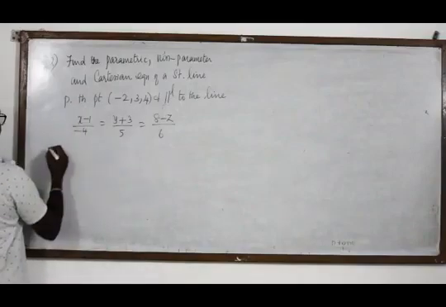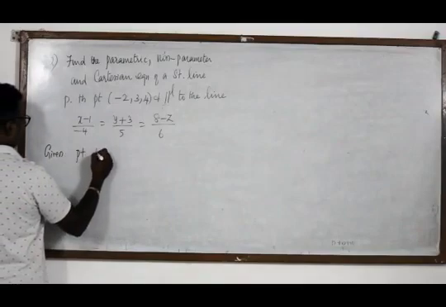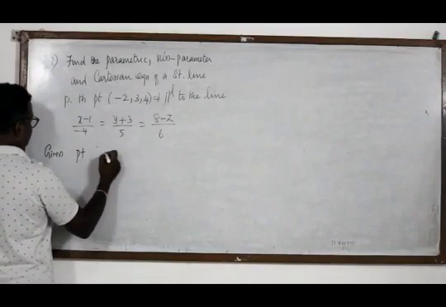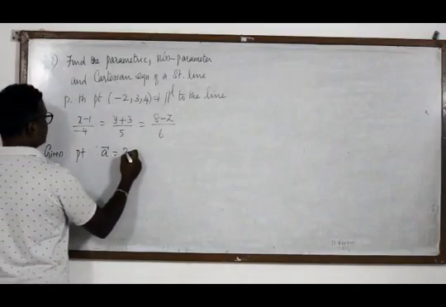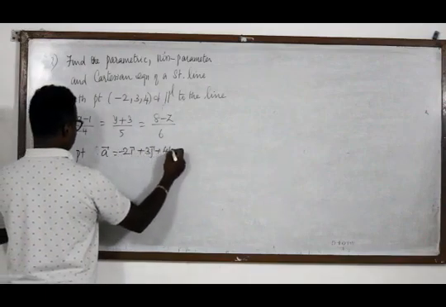Now, let me take the given passing-through point as point A vector, which is minus 2i plus 3j plus 4k.